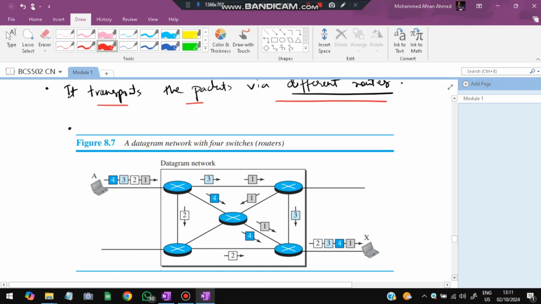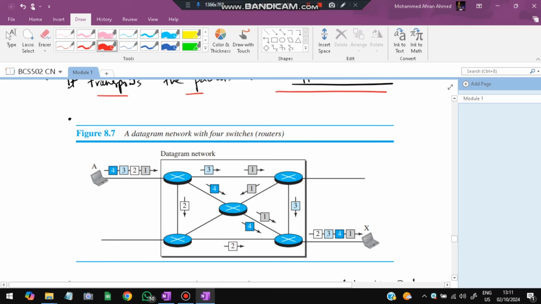This is the source and this is the destination. A is the source, X is the destination. The data is divided into different packets, 4, 3, 2, 1, and the datagram network is present here and it transfers to the destination. Here we have the different routes, or the switches, and each of these packets is transferred via a different route.